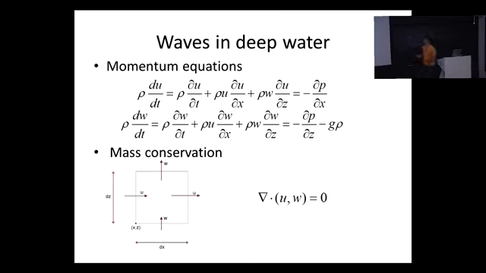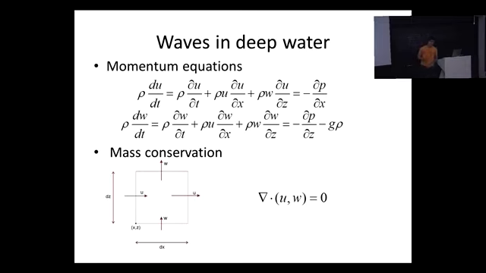So we'll start with the momentum equations. Here we have the acceleration of a little portion of water, and this will be like gravity water waves. So in this case, it will just be the pressure gradient along the x-axis. And for the z direction, it will be the pressure gradient along the z direction and the gravity, of course.